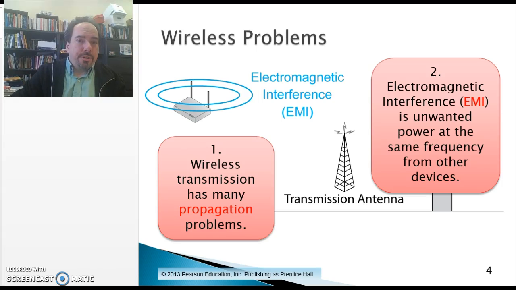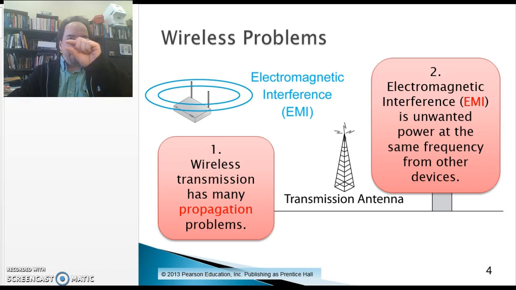Just like with the car, your wireless signal never goes as far as you want it to go, whether you're talking about Wi-Fi or finding your car, or really any wireless signal. This is a fundamental problem. Wireless transmission has many, many more propagation problems than a wired connection does. A wired connection only has to deal with one propagation problem, which is basic attenuation.